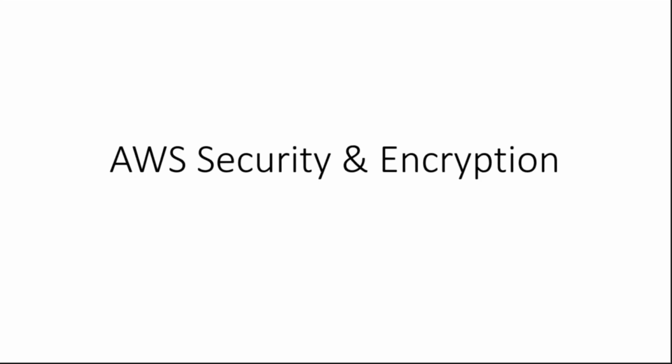First of all, team, we have data in 3 stages. The first stage is data at rest. Whenever our data is stored in any hardware or SSD or wherever it is kept, it is called data at rest. Then we have data in transit.